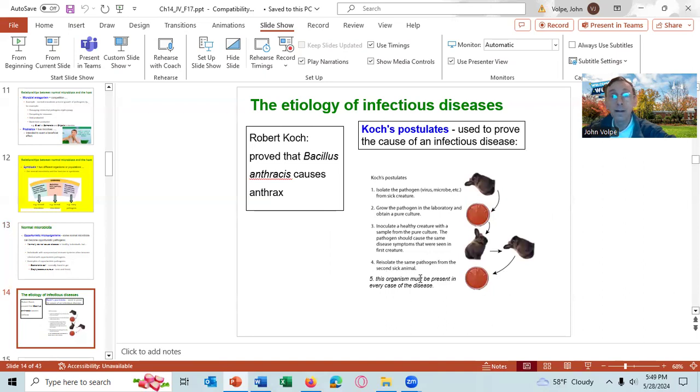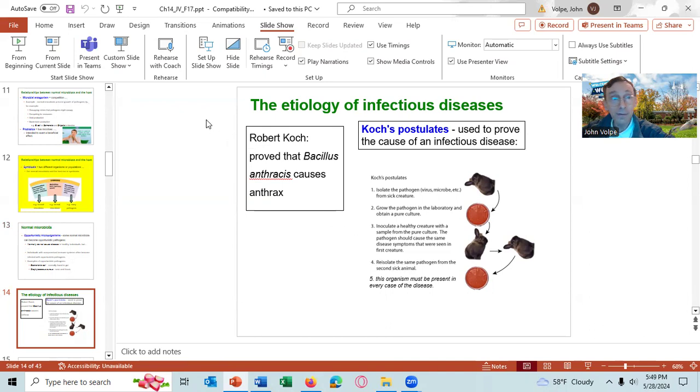All right, if not, let's talk about Koch's postulates. We're going to talk about Koch's postulates 3 times this term. This will be at least the second time. I remember we talked about it briefly in chapter 1. Koch's postulates were the steps Dr. Koch used to show that the bacterium Bacillus anthracis caused the disease anthrax.